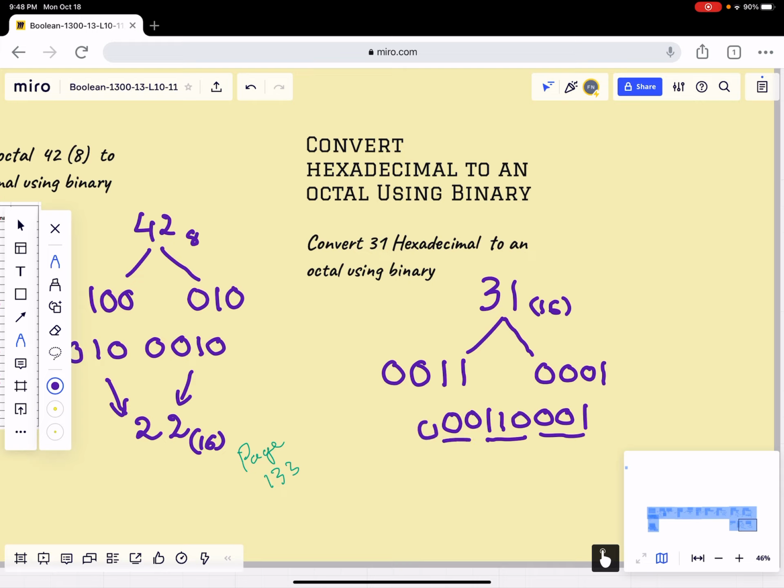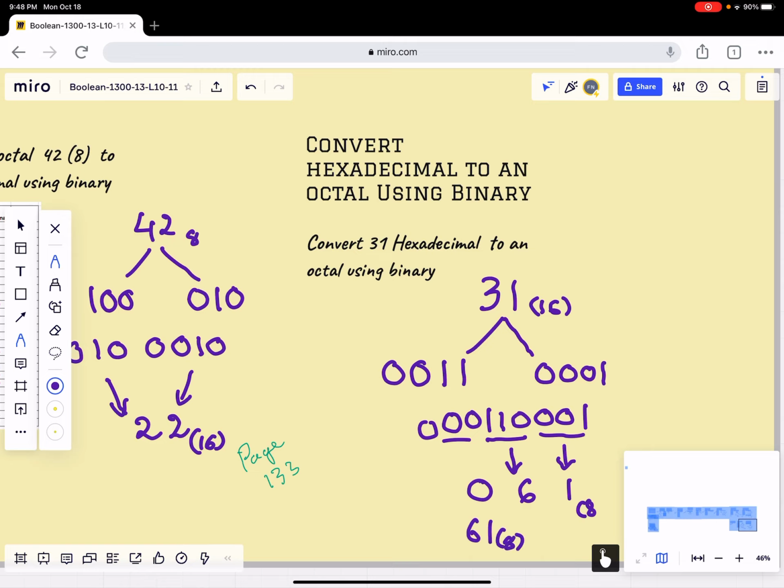You add another 0. So this is 1, and this is 1, and 1, 0 means 4 plus 2 equals 6, and this is 0... So the answer is 61 octal. Okay, write out 61 octal. 61 octal, that's your answer.